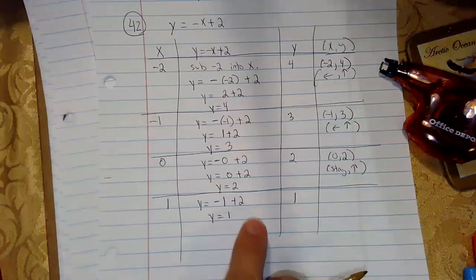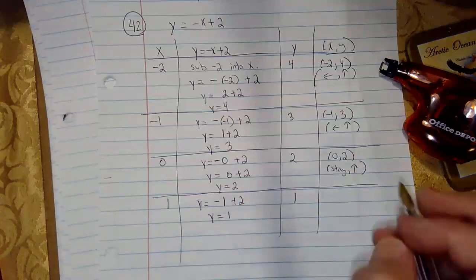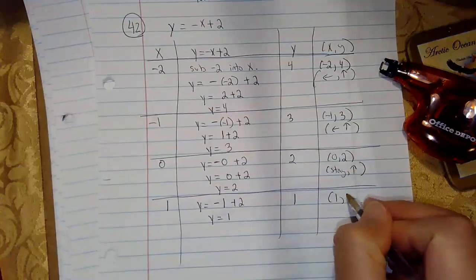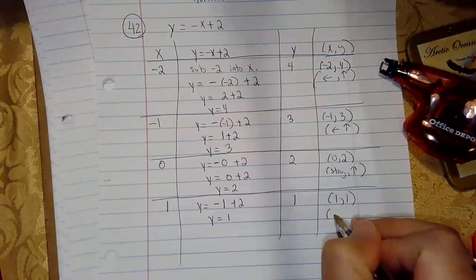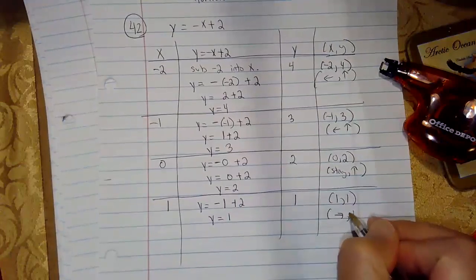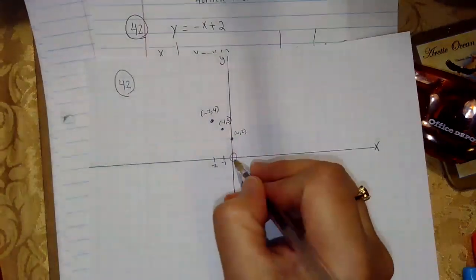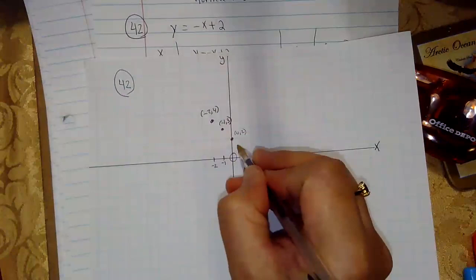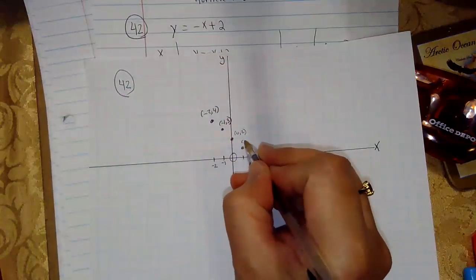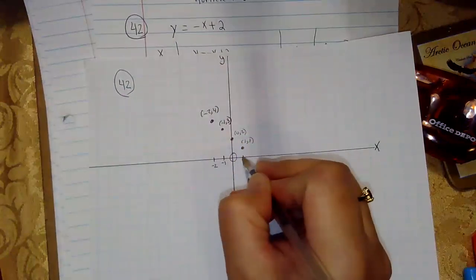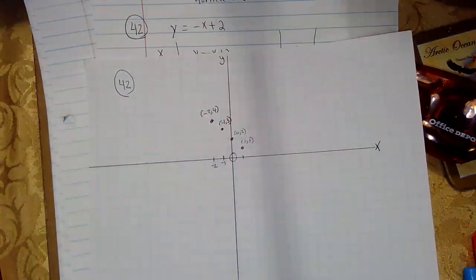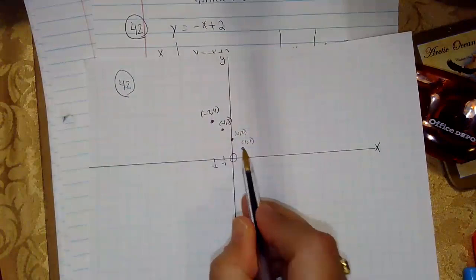Then you're going to subtract. 2 minus 1 is 1. So here you go right 1, up 1 from 0, 0. And again, that looks good. That's collinear.